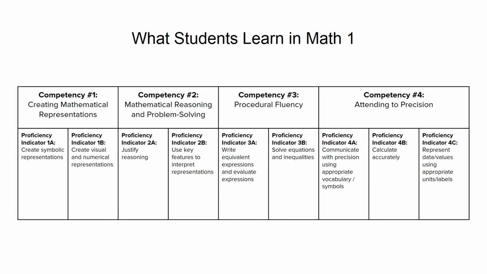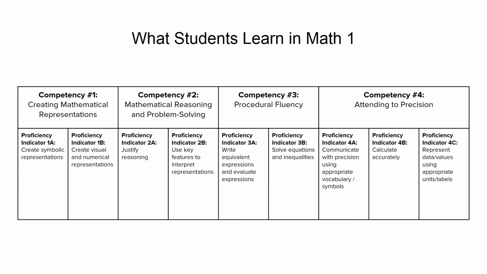Our integrated math sequence consists of 4 overarching math competencies that are assessed over the entirety of the 3-year math sequence. Math 1 consists of 8 modules or units over the course of the entire school year that address the 4 competencies shown here.